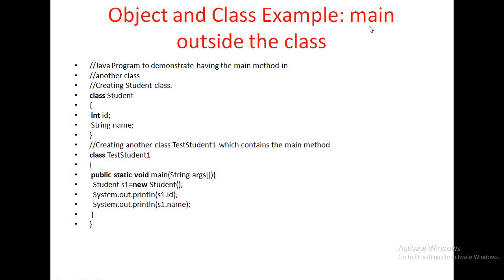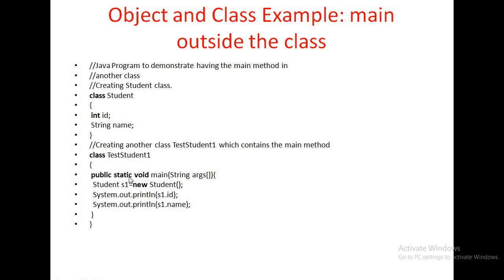Then another example of object and class, where main is outside the class. Class Student, the name of the class, int id, String name. Two instance variables, inside the class, outside the methods. But here the main method is not present in the same class.